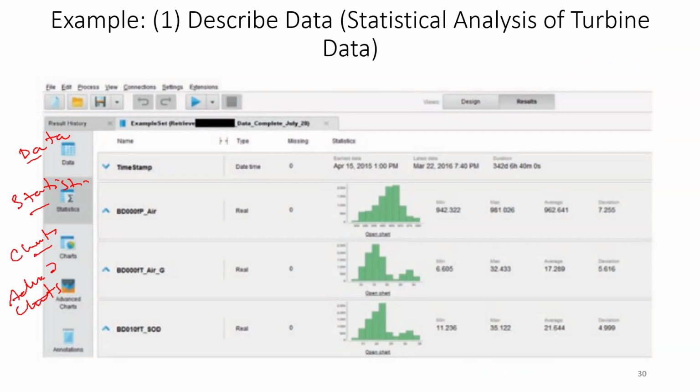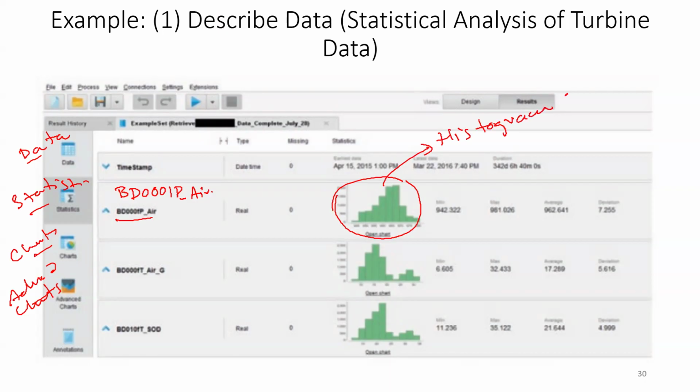And in this main window there is some sensor, and the histogram.